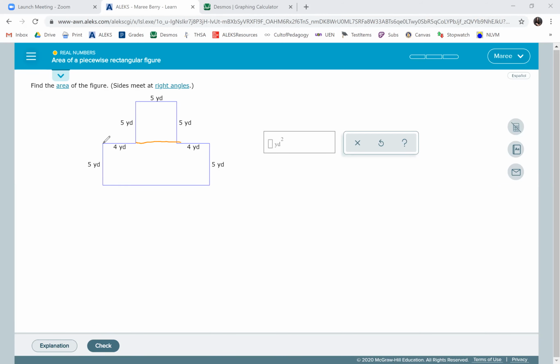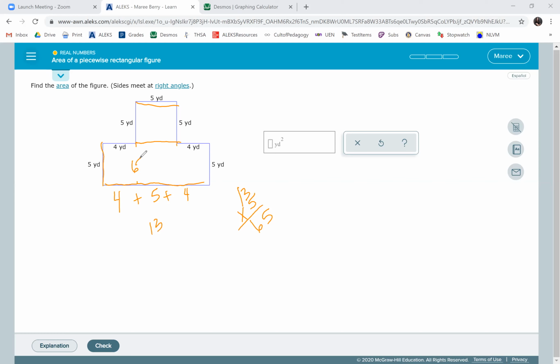We have a 5 yard by, and I have to figure out how long this is. If I drop this down, this one's 4, this is 5, and that comes down, that's 5, and this one's 4. So this rectangle is 13 by 5. So I'm going to do 13 times 5 is 65.